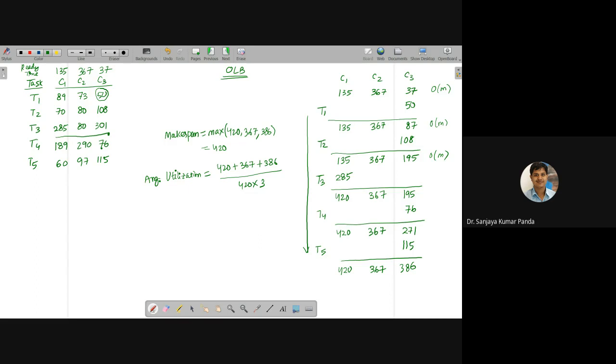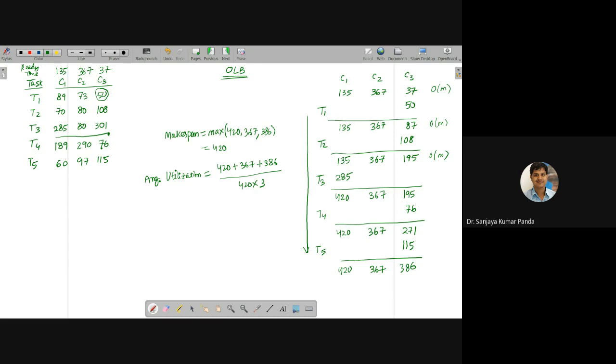So we are finding the average just by taking the busy times of all these three divided by 3. But as we are calculating from the overall time, that is 420, that's why in the denominator I have 420.